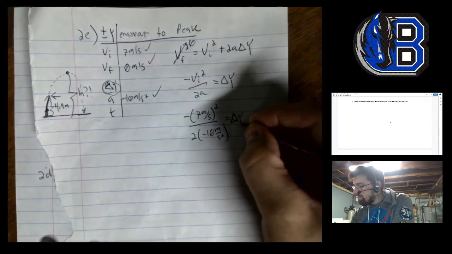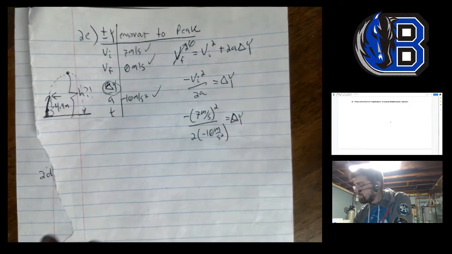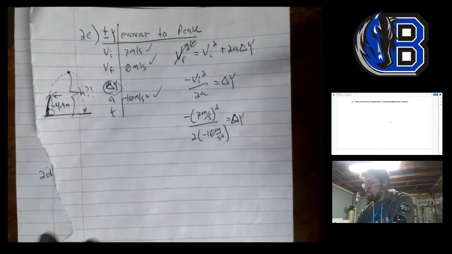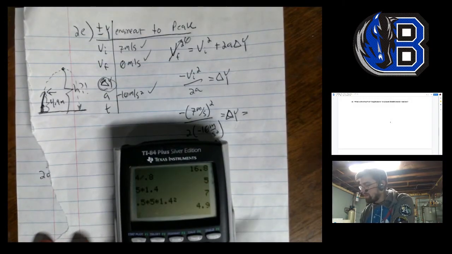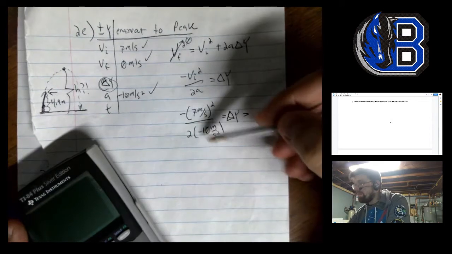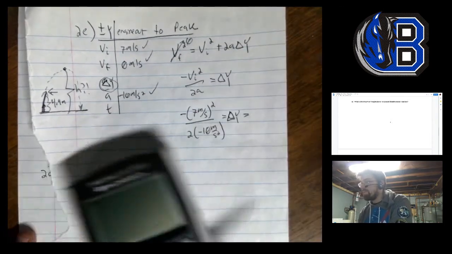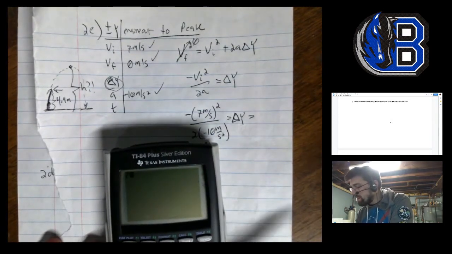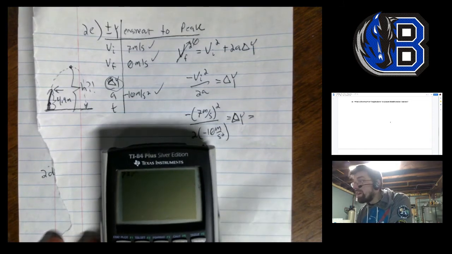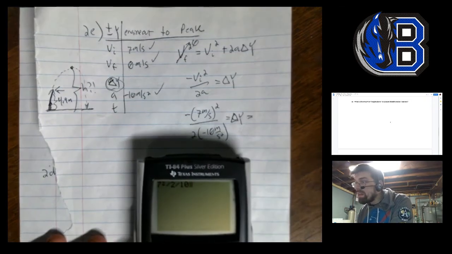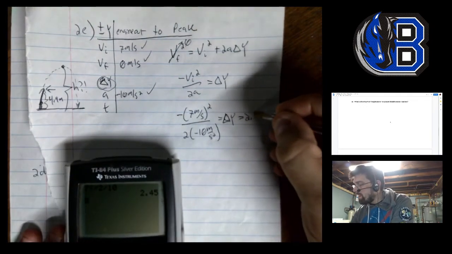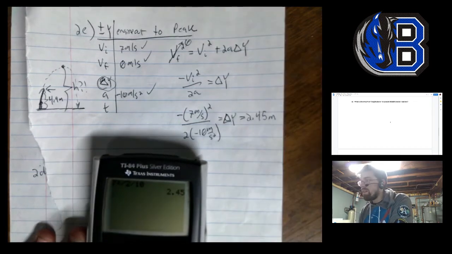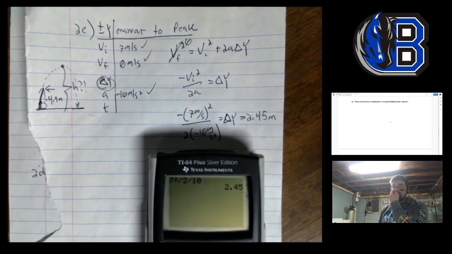A negative divided by a negative is positive, so I'm just going to ignore that. 49 divided by 2 divided by 10 is 2.45. So it's going to travel another 2.45 meters before it comes to the peak.